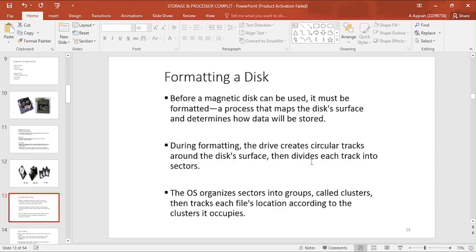So it will first create circular tracks on the surface of the disk, then divide the tracks into sectors, and then the OS will group these sectors into clusters, where our file's location will be stored.